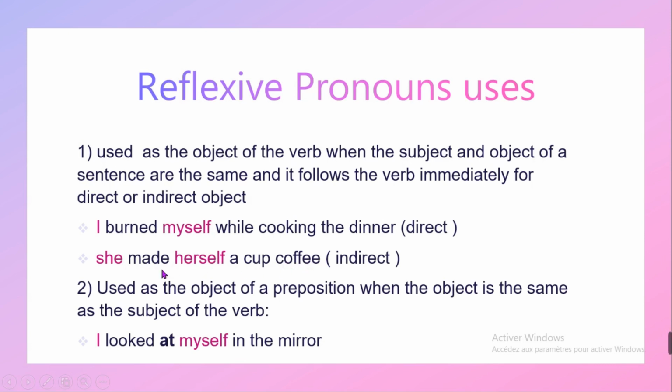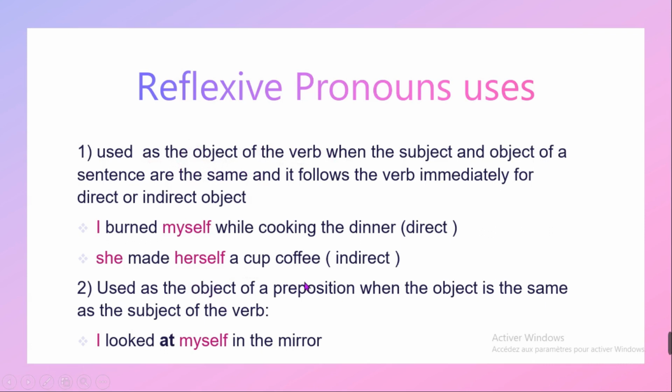Another use of reflexive pronouns. A reflexive pronoun is used as the object of a preposition when the object is the same as the subject of the verb. So here we saw the object of the verb, here object of preposition.